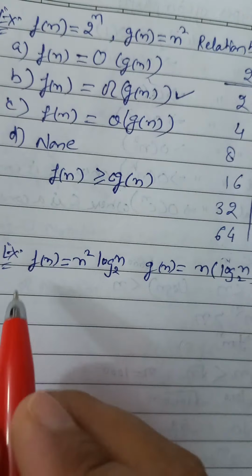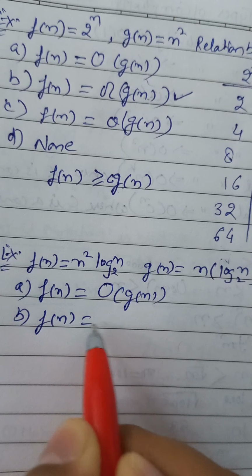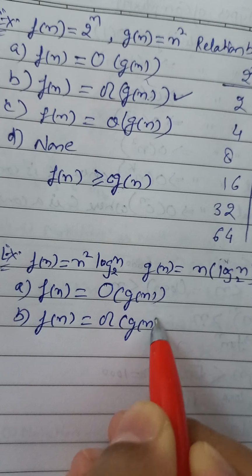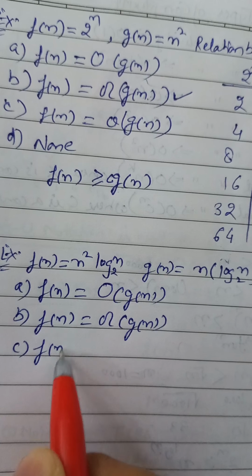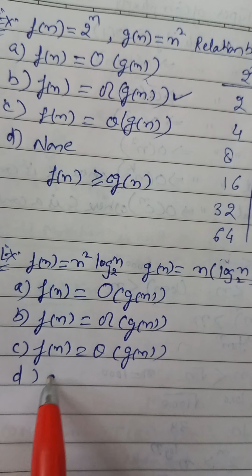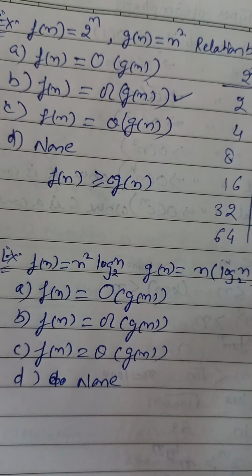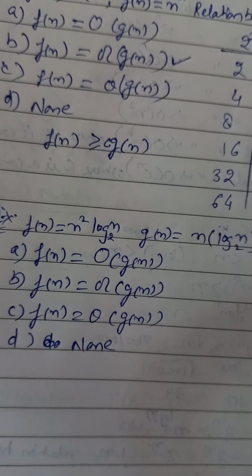We have 4 choices like earlier. Fn will be equal to big O Gn, Fn will be equal to omega Gn, Fn will be equal to theta Gn, or none. What is the relationship between them? We have to find out.